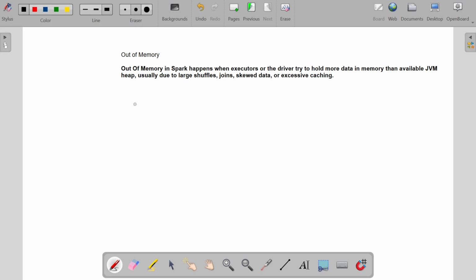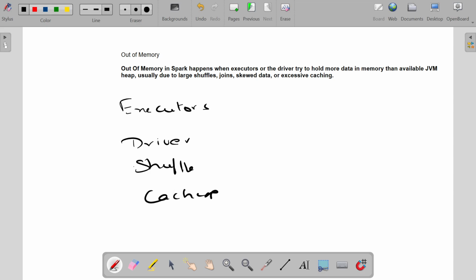Out of memory can happen on your executors, on your driver program, during a shuffle, during caching, during joins, and during aggregations. So there are many places where you can have out of memory issues.